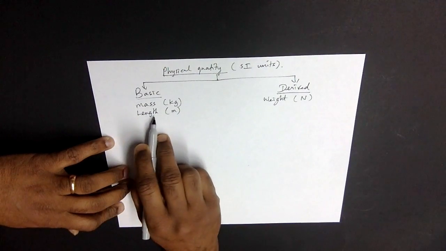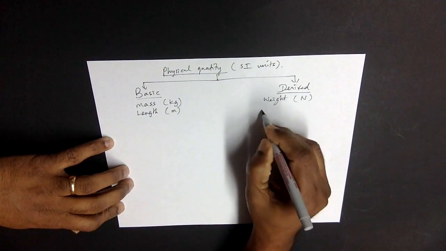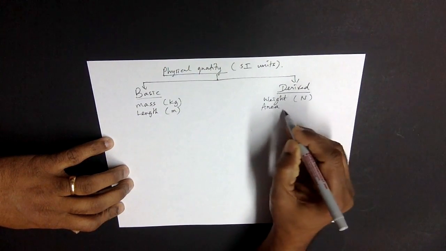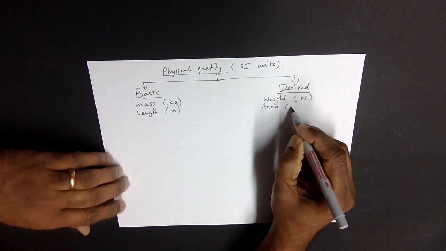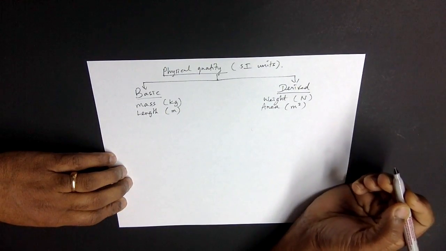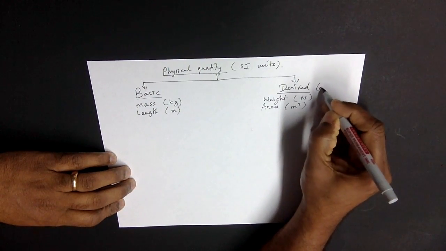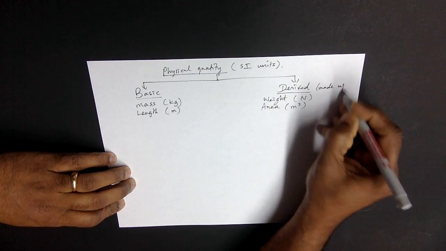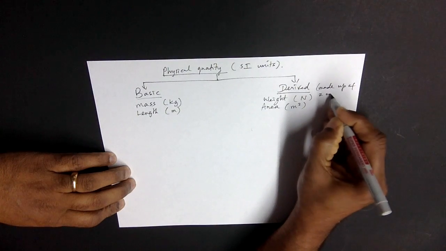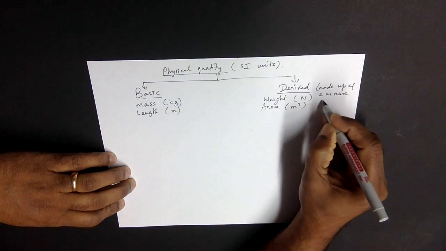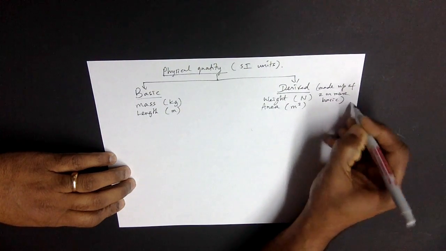Now, if there are more than one length, like in area, because it's length times length, the unit is meter square, and so we call it derived. So what is derived? It's made up of two or more basic units.